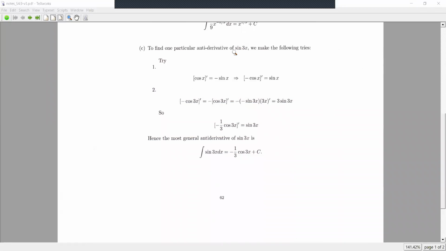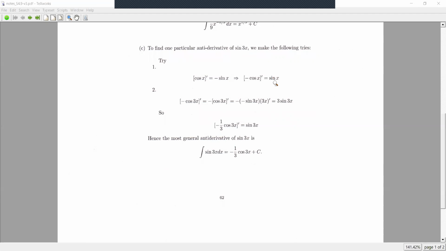We know that the derivative of cosine is negative sine. Multiply this equation by negative 1, then we get the derivative of negative cosine is sine. But we are looking for an antiderivative of sine of 3x rather than of sine of x.